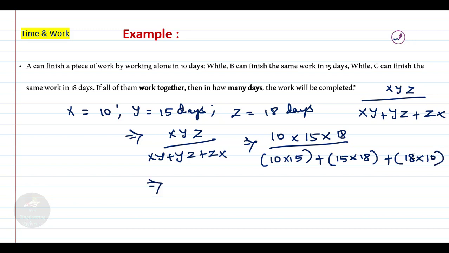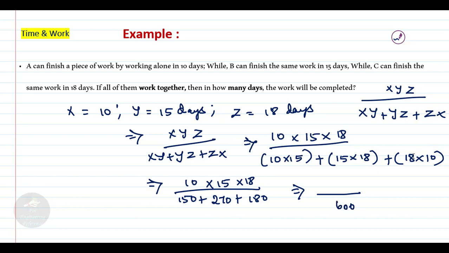Okay, here 10 into 15 into 18 divided by 150 plus 18 into 15, it's 270. Okay, 270 plus 18 into 10, it's 180. Here 150 plus 270 plus 180, it's 600. So similarly 150 into 18, we can keep it like this, cancel.